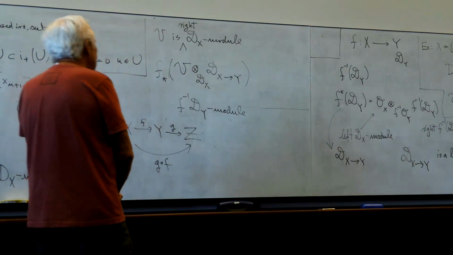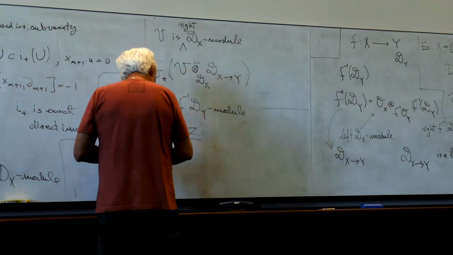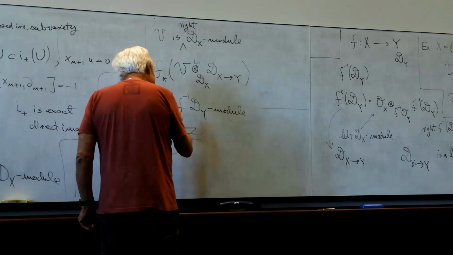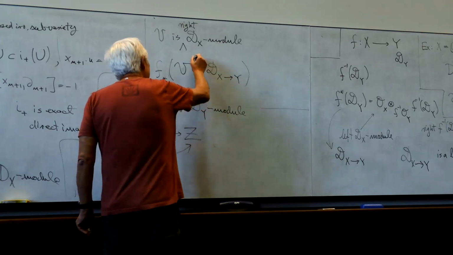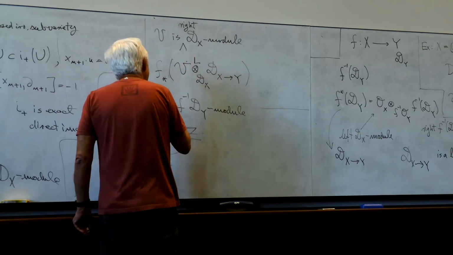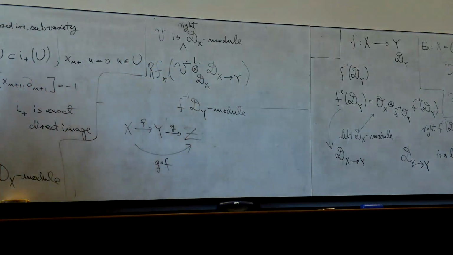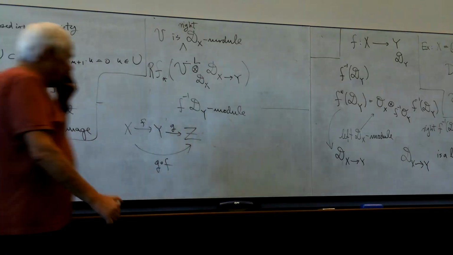So what you have to do is to take the corresponding derived functors. So the direct image makes sense for general modules, since you have to set it up and derive it.